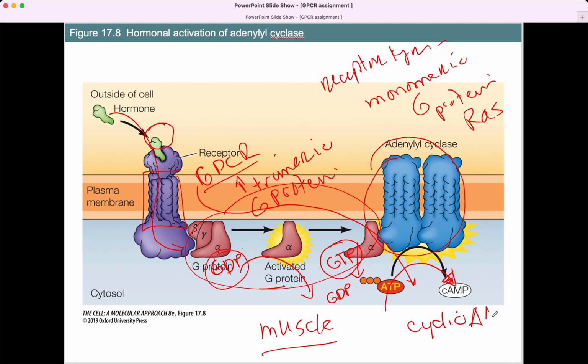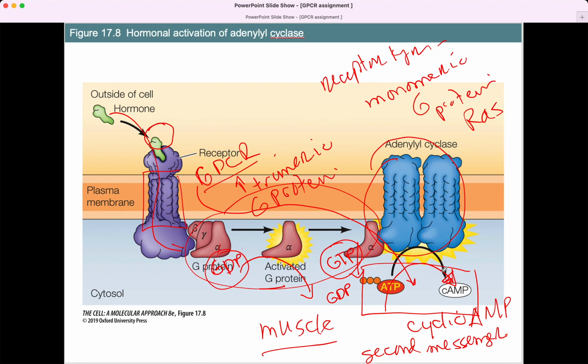And cyclic AMP is a second messenger. We've already met some second messengers. Second messengers are a loose term for small molecules that are involved in signal transduction pathways. This is a famous one. It's often involved in G protein coupled receptor pathways, and it's prominently involved in the epinephrine receptor pathway.